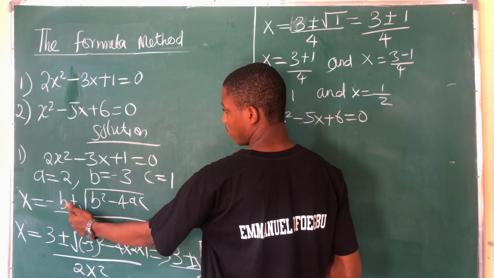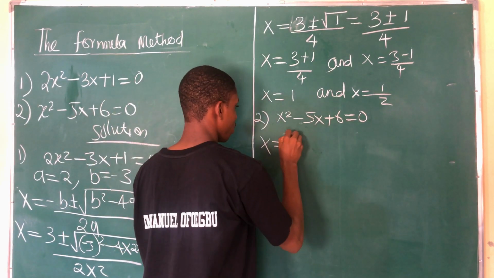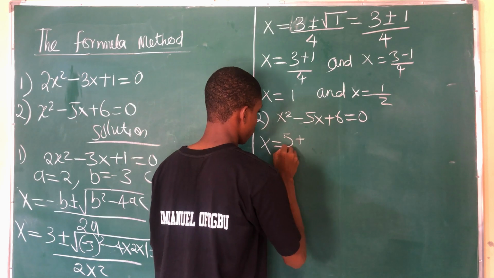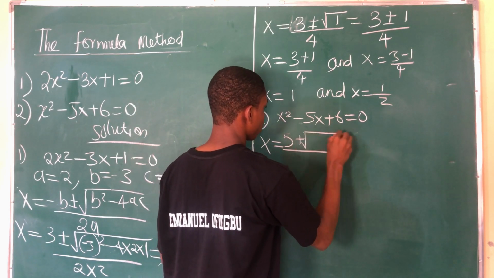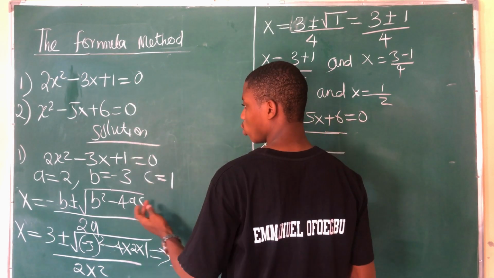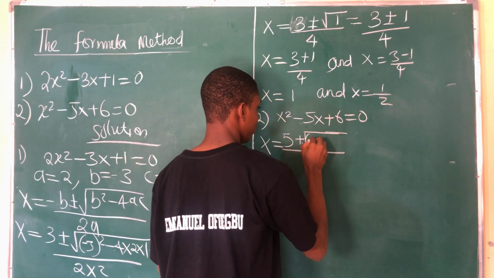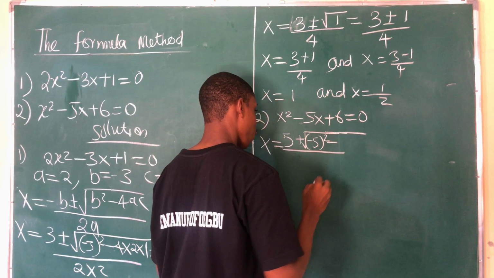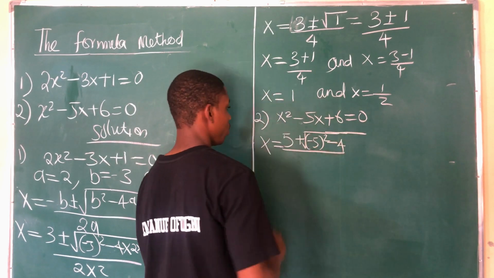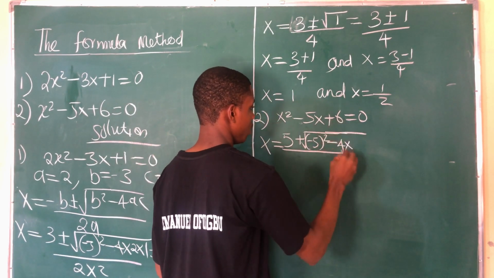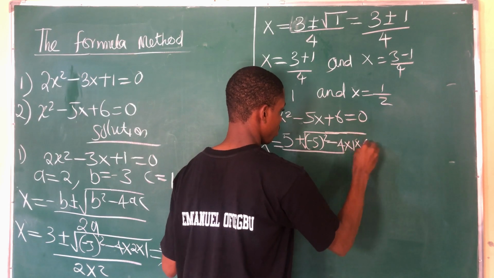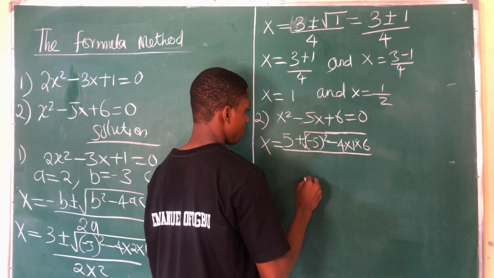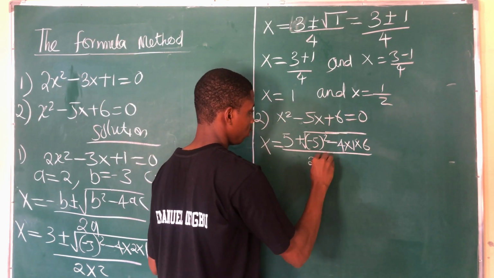In this case, b is -5, so we just have 5 plus or minus the square root of (-5) squared minus 4 multiplied by a, which is 1, and c is 6, over 2a. So we have 2 multiplied by 1.